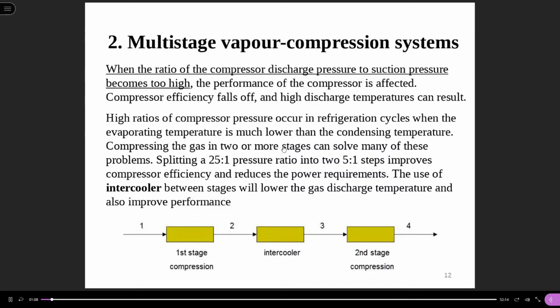However, due to the higher compression ratio, there is a high temperature rise, which will result in high discharge temperature. Therefore, we will add an intercooler to cool down the high discharge temperature after the first stage compression.